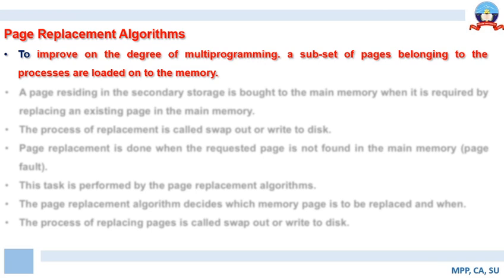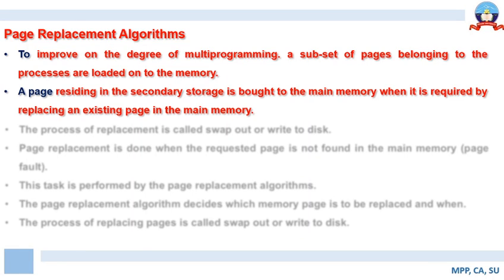In order to improve the degree of multi-programming, a subset of pages belonging to a process are loaded onto the main memory. A page residing in the secondary storage is brought to the main memory as and when it's required by the processor, by replacing an existing page in the main memory.